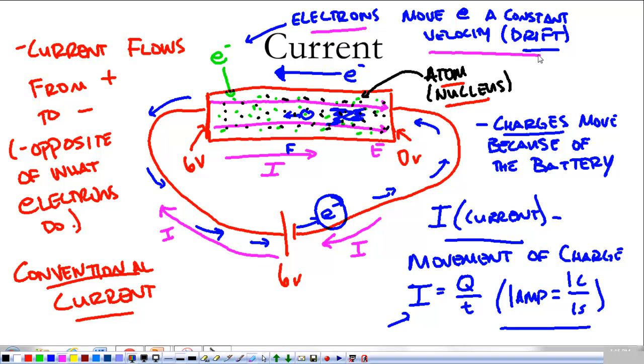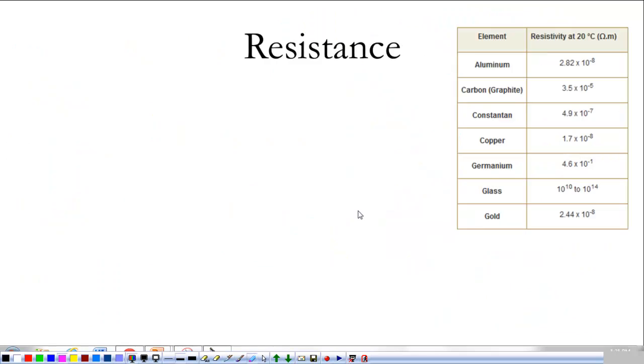So the next thing we're going to look at is what affects how those electrons move through an object. And we refer to that as resistance. Resistance refers to how easy an electron can move through a piece of material.